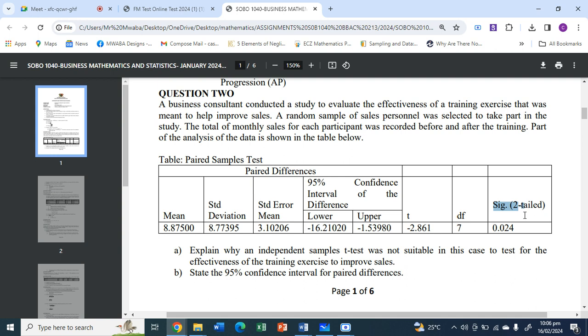The p value is more like evidence against the null hypothesis. The smaller the p-value, the greater the evidence against the null hypothesis. Always remember that.